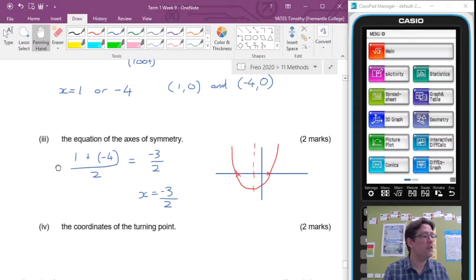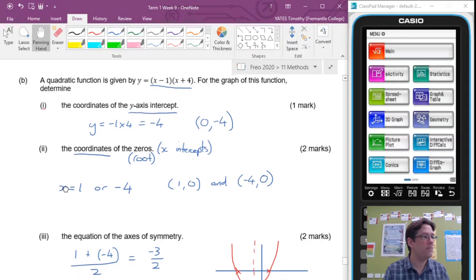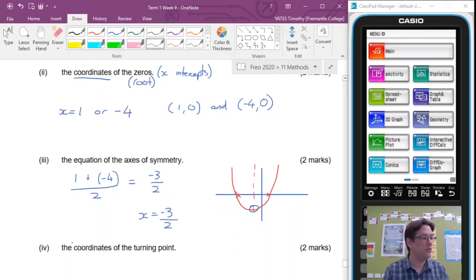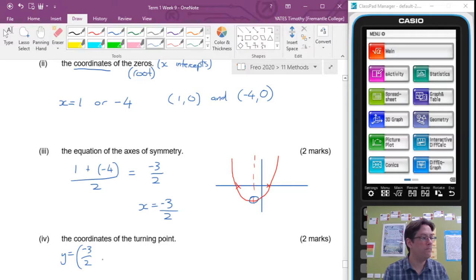What are the coordinates of the turning point? Well, we know that the line of symmetry is x equals negative 3 on 2. That's the x coordinate of what we've got there. So let's look back. y equals x minus 1 times x plus 4. Substituting negative 3 on 2: negative 3 on 2 take 1 is negative 5 on 2.